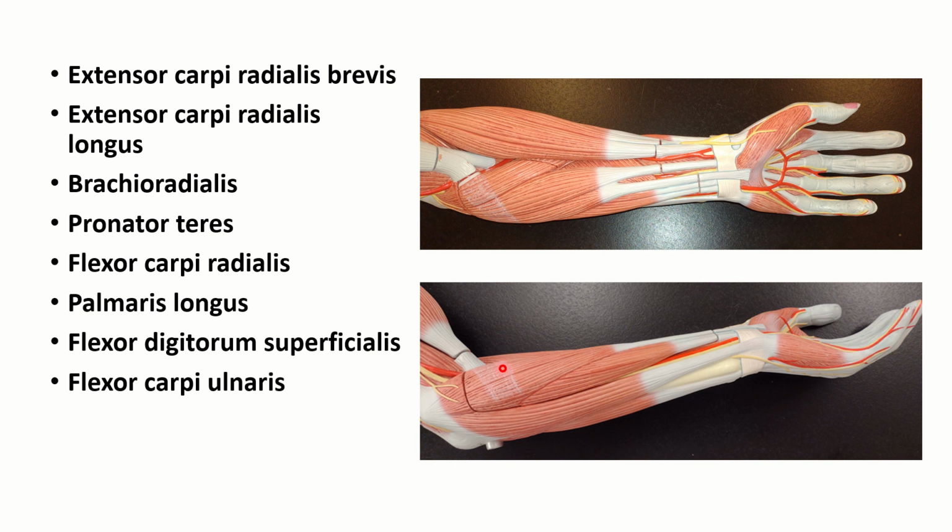And if you look at it in this image, this is the flexor carpi radialis. I just put both of them together so you can compare the two, similar to this one. And this is the palmaris longus. Palmaris longus. And this is the flexor digitorum superficialis.